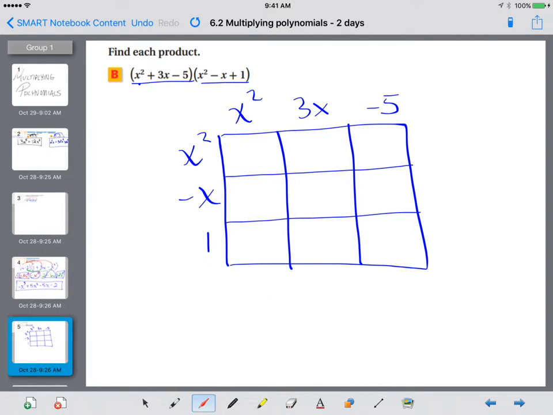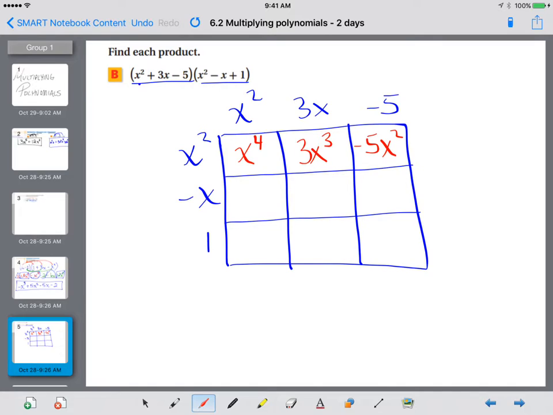So when I multiply these through, I'm going to be multiplying the top row with the side column and filling in the middle. So we have x squared times x squared becomes x to the 4th. x squared times 3x becomes 3x to the 3rd. x squared times negative 5 becomes negative 5x squared. Now let's go to the middle row.